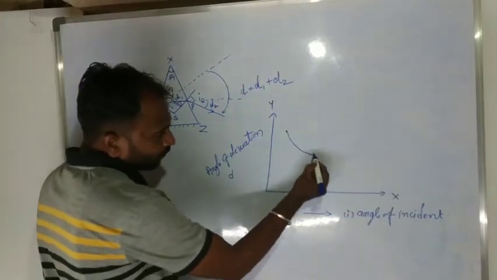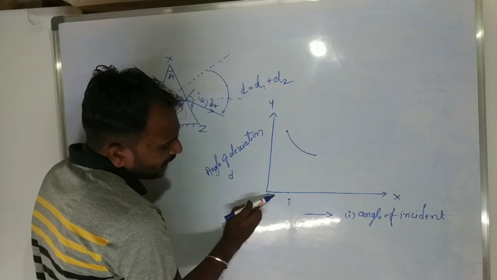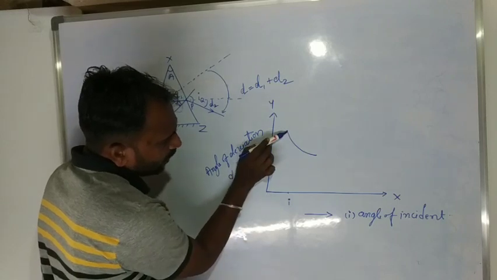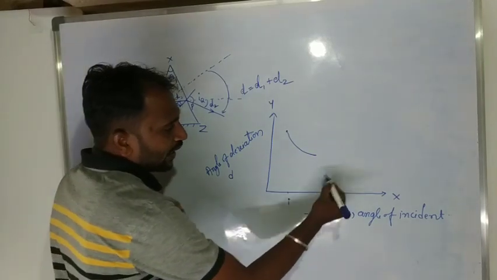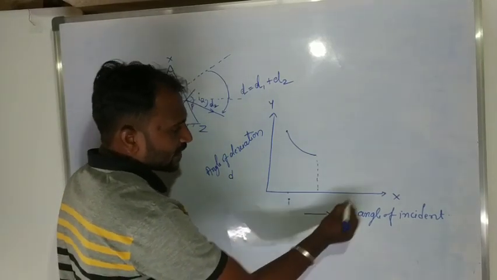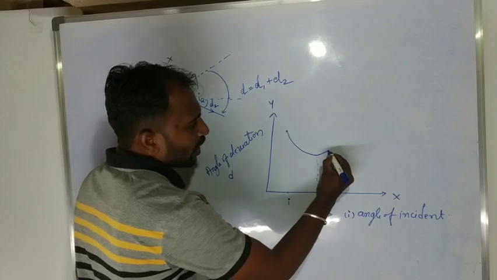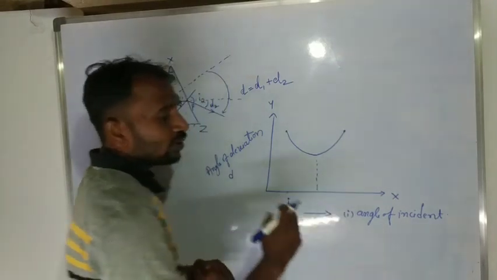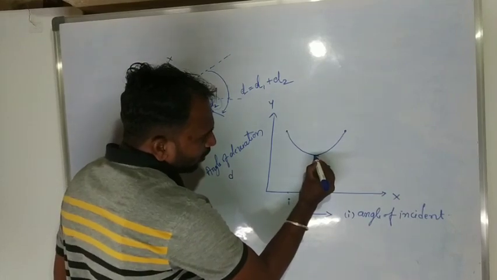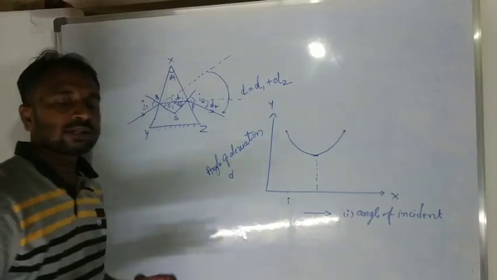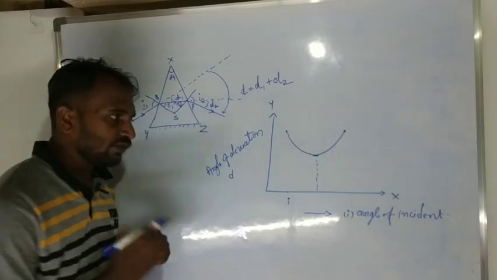When the angle of incidence increases, the angle of deviation decreases up to a certain value. Afterwards, when the angle of incidence increases again, the angle of deviation increases. This angle of deviation we consider the minimum angle of deviation.